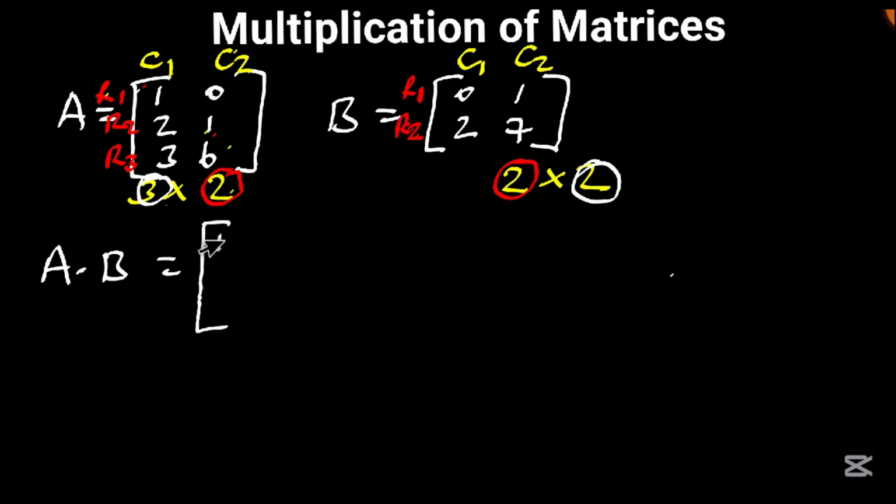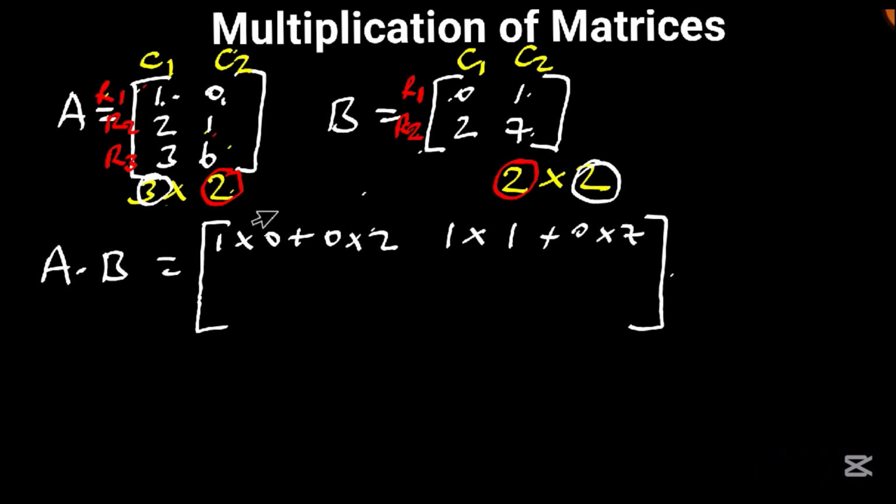So we have 1 times 0, plus 0 times 2. And we have 1 times 1, plus 0 times 7. For the second row, first entry, we have 2 times 0, plus 1 times 2.